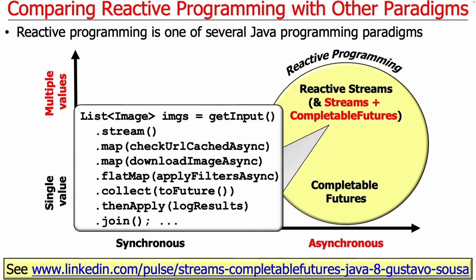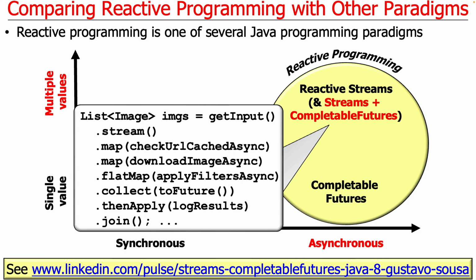You can then go one step further, and you can combine streams and completable futures. So you can have the control flow managed by a stream, as we show here, but then you can have the computations taking place asynchronously using completable futures. And that's also a pretty cool approach. The nice thing is you can stay within the pure Java paradigm, and you get nice speedup, and it's relatively easy to program.